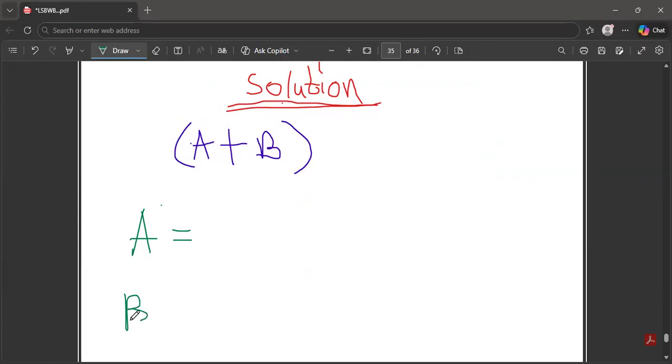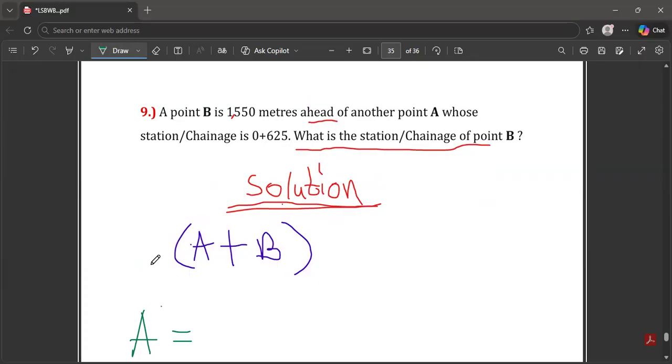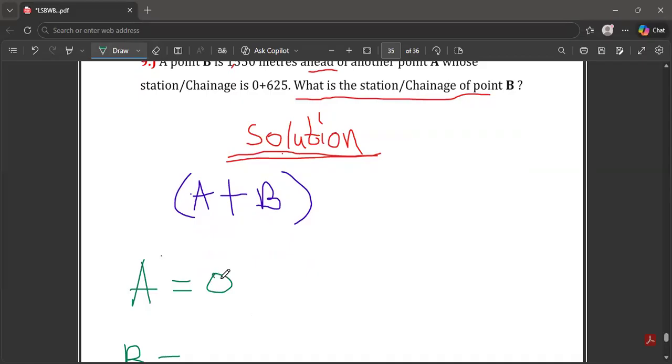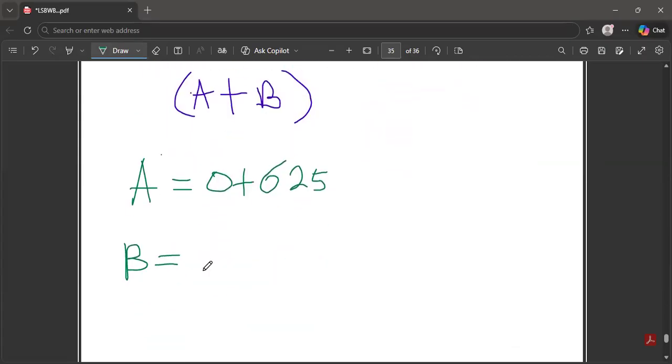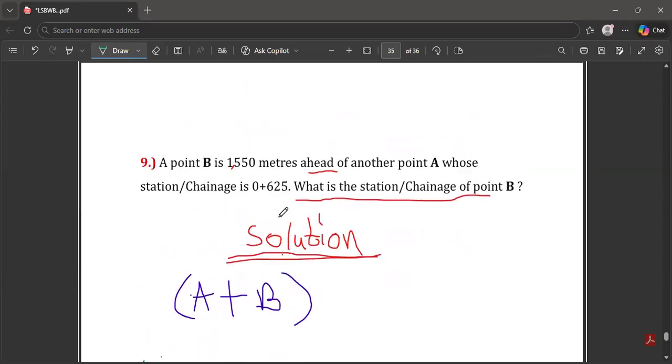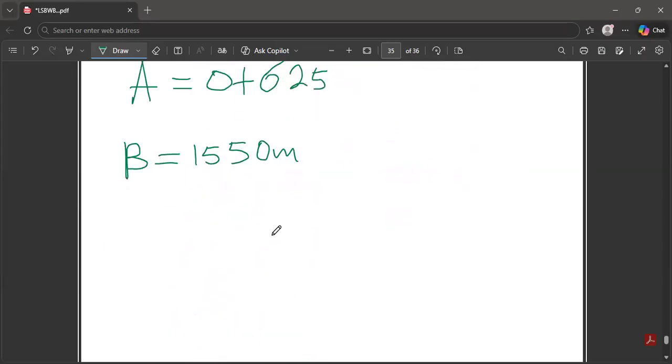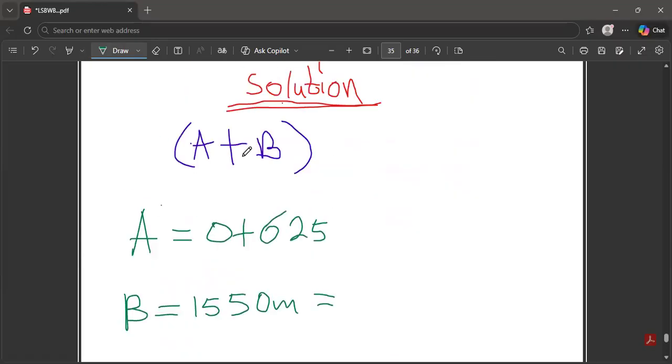The A's Chainage is 0 plus 625, so this one is in the form of a Chainage already. But B was given in meters, that is 1,550 meters. So we have to convert B into a Chainage.